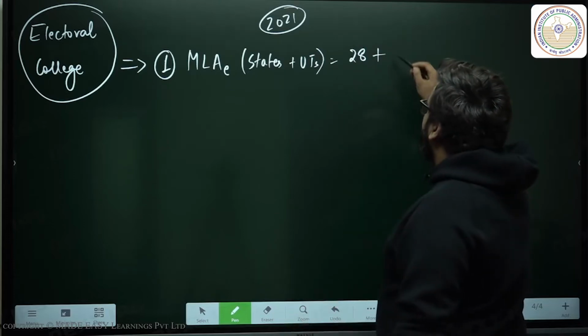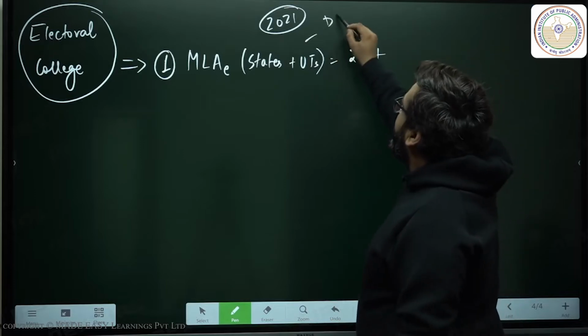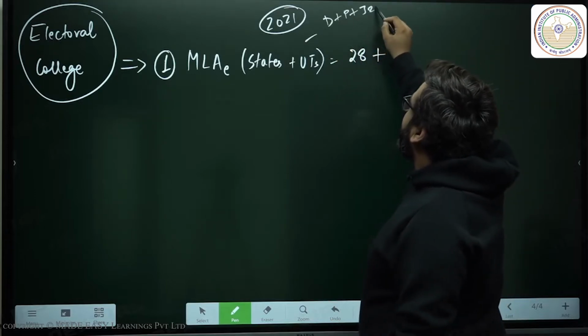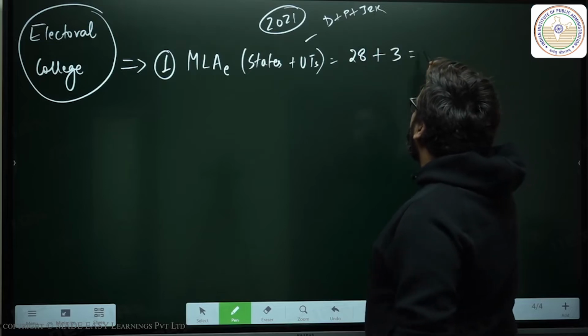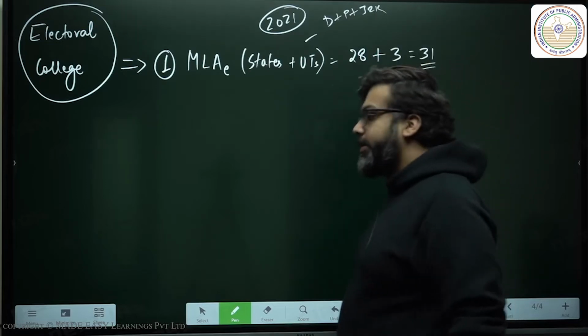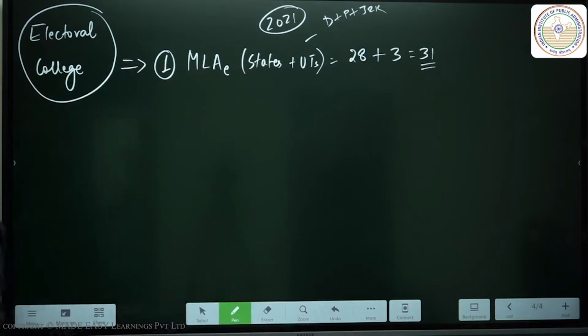They are Delhi, Pondicherry and J&K. So a total of 31 state legislatures are going to start with the election of the President of India. Do we understand this? Is this clear? Yes or no?